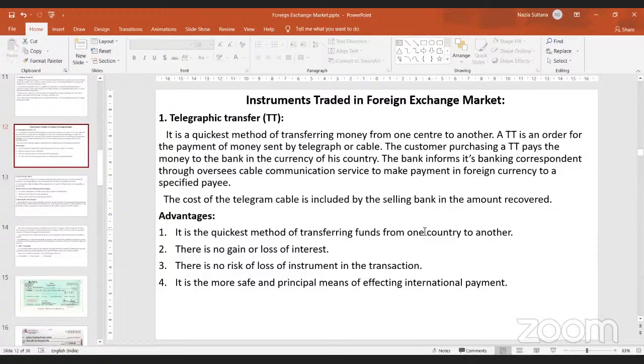The corresponding bank and the overseas participant will get into a transaction of a telegraphic transfer. The buying bank and the selling bank, through a network, will connect with one another, and then they will do the transfer. It's like online transfers between banks. That is the simplest thing to understand, telegraphic transfers.